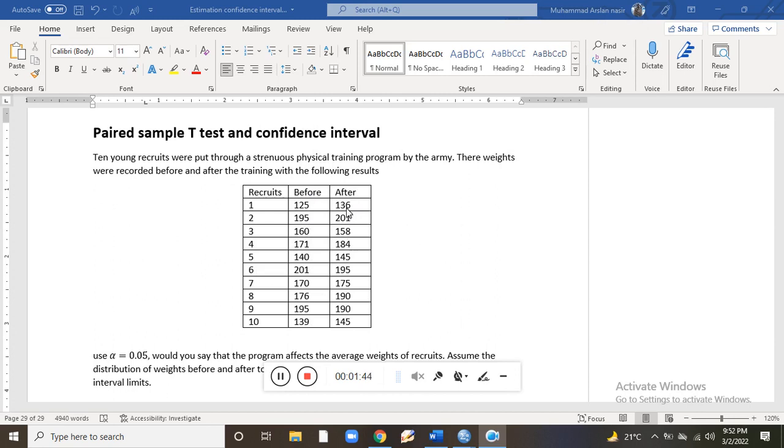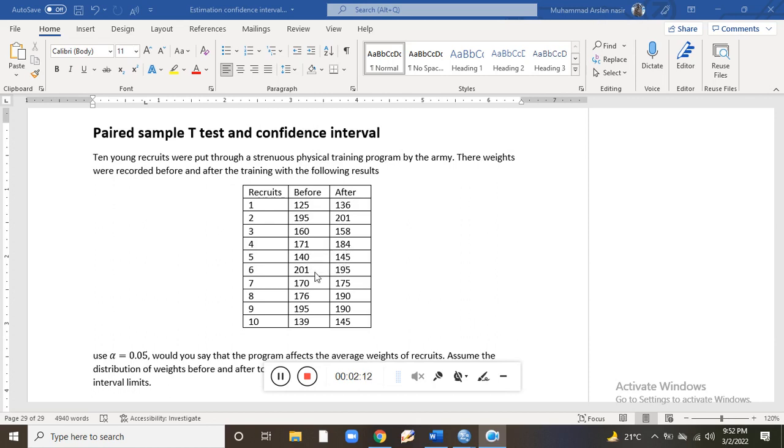If you take a look, you can see that the first recruit gained weight after the training. The second recruit also gained weight. The third recruit lost weight, and the fourth recruit gained weight.